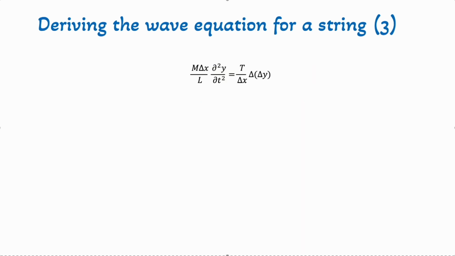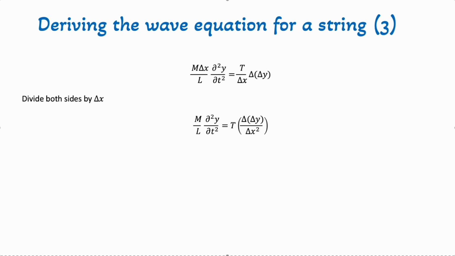So here's what I've got so far. And I'm going to tidy up a little bit by dividing both sides by delta x. So I get all my delta x's on one side of the equation. So that's what I get here. I'm then going to do two things. First is just a little tidying up.